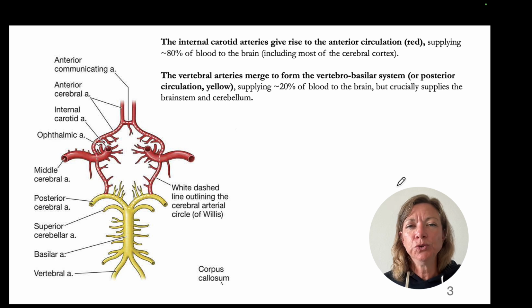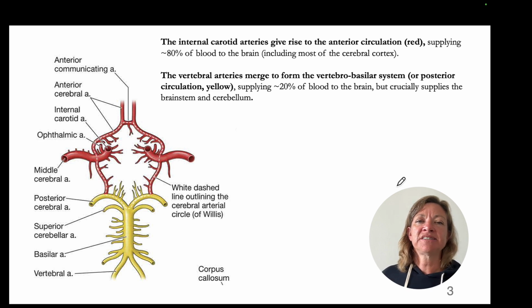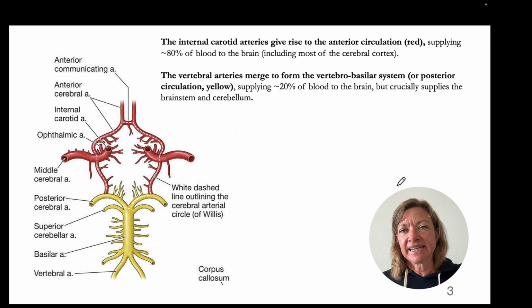Now, while we have two divisions of circulation, anterior and posterior, the blood flow to the brain isn't divided symmetrically between the two. By most estimates, the internal carotids together give rise to about 80% of blood flow to the brain, while the vertebrals, which merge to form the basilar artery, as you can see here, contribute about 20%. Here are the vertebral arteries in this view, and here's the big basilar artery, which then gives rise to all kinds of branches.